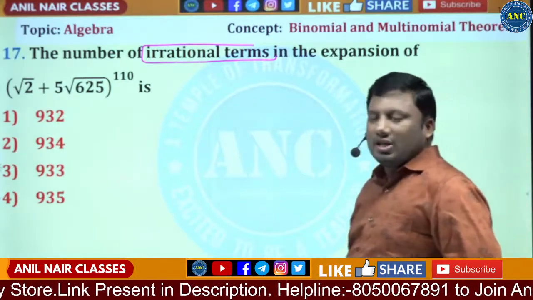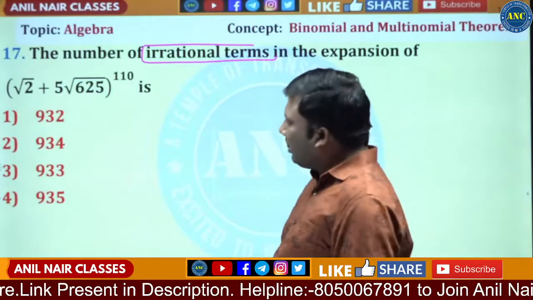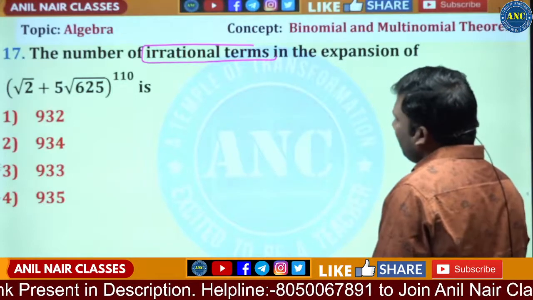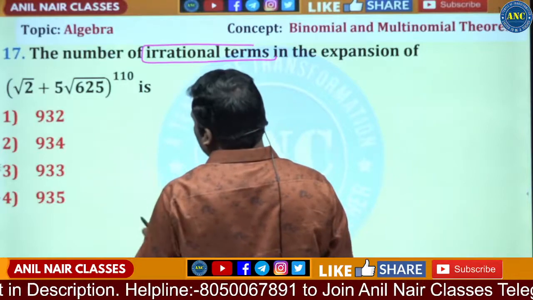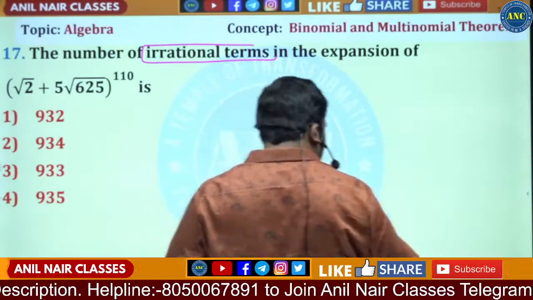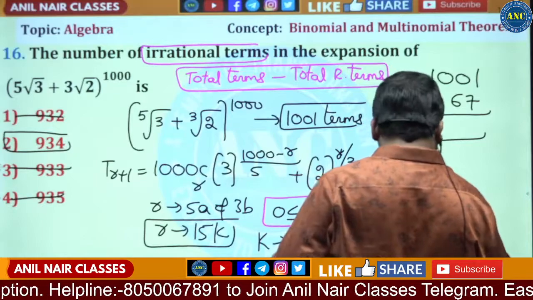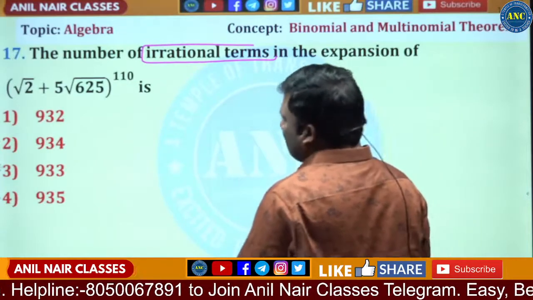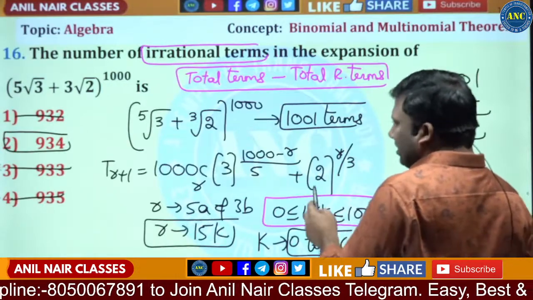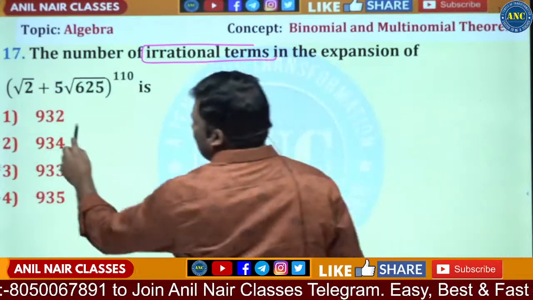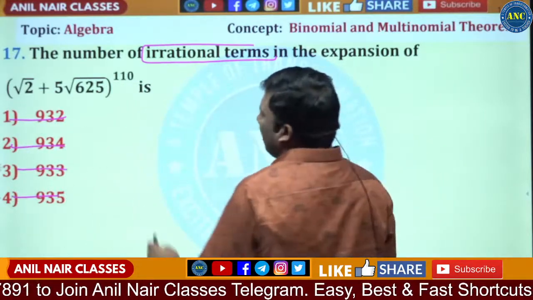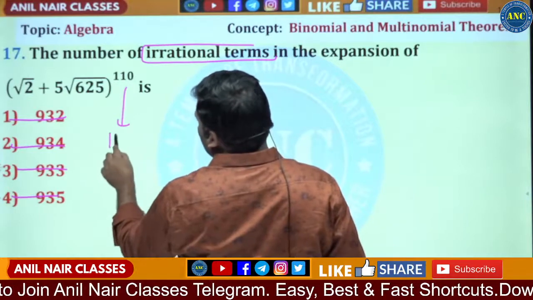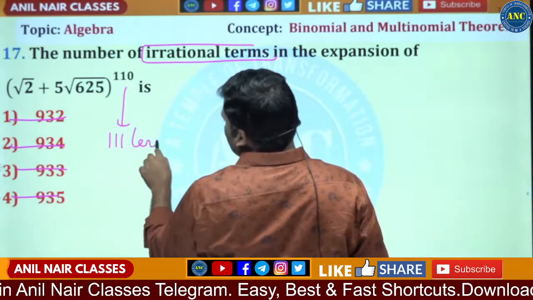I'm sure you can give this question a try. Number of irrational terms. We already did the same model. Is it the same question? Root 2 plus, okay, I think it is the same answers they wrote, so we will remove these answers and try to solve. 110 means totally 111 terms are there.